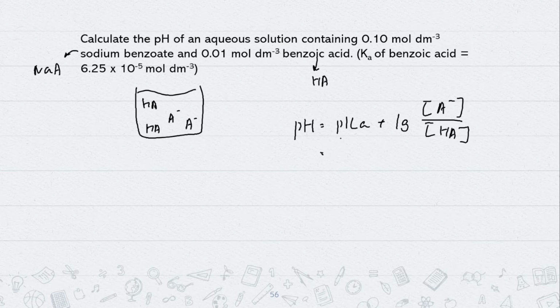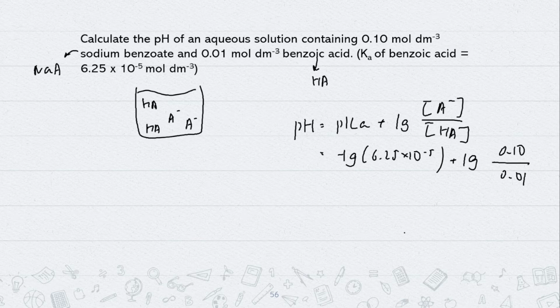Your pKa will be negative log of 6.25 times 10 to the power negative 5. The concentration of your conjugate base will just be 0.1 mole, and your HA will just be 0.01.